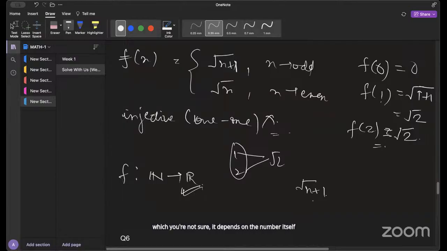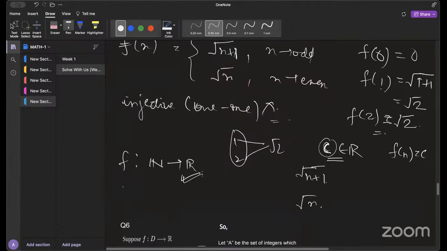If it's odd, then it's this, or otherwise it's this. So let's test both of these, and take a random number C belonging to real numbers. If this is onto, then for any arbitrary C, meaning any random real number, you will find an n such that fn will be C.